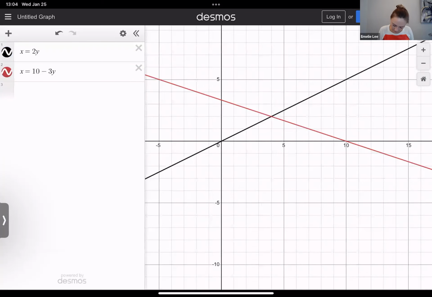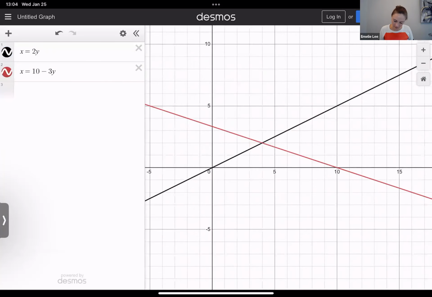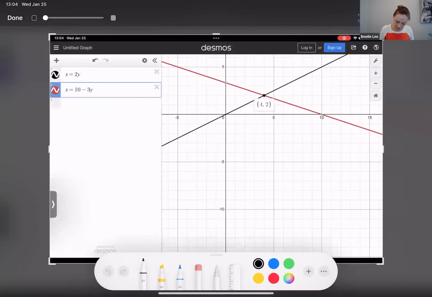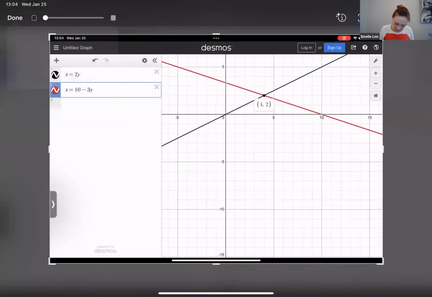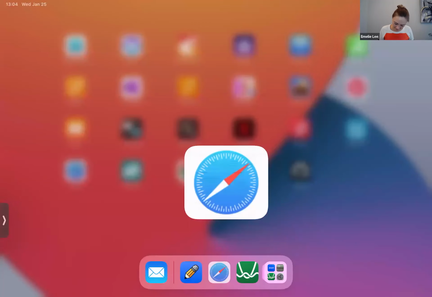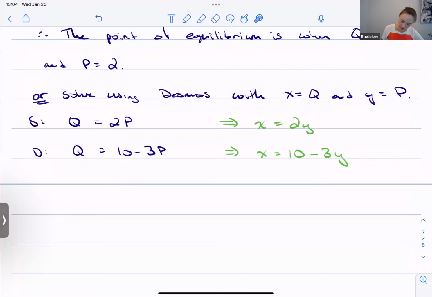Now that point of intersection here, I want it here so I can crop the screenshot.